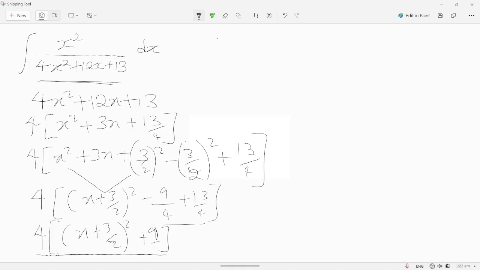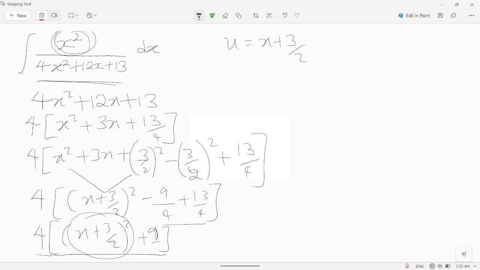Let u be equal to x plus 3 over 2. The x plus 3 over 2 I've gotten from this part. I'll let it be equal to u, so that when I place it in the original integral, I do some manipulation so that I can solve it.